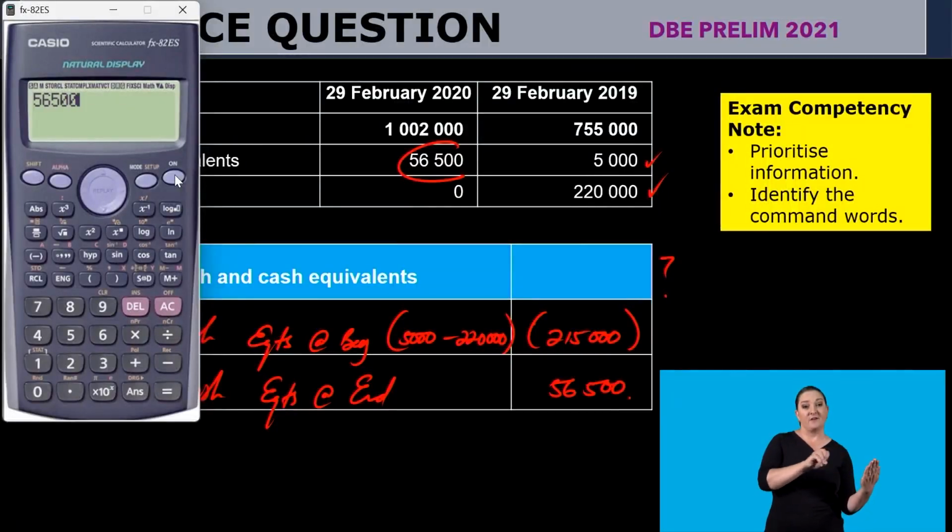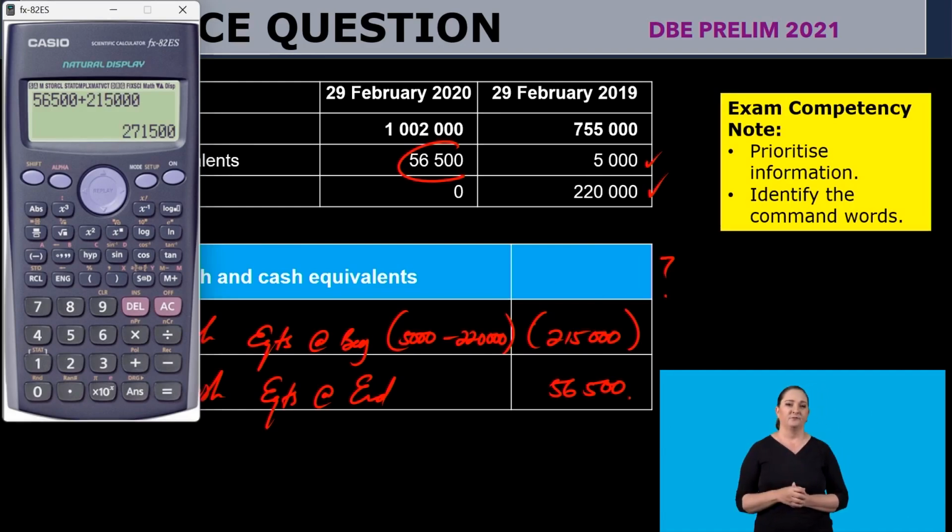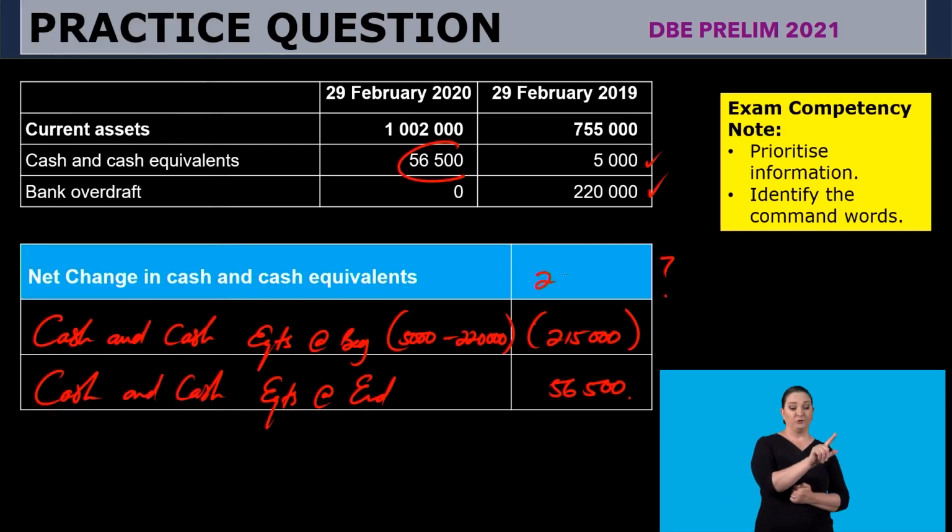But the 215 now is no longer going to be a negative 215. We then record it as a positive, plus 215,000. And then we get 271,500. So I'll come here, and then I get 271,500. Okay.